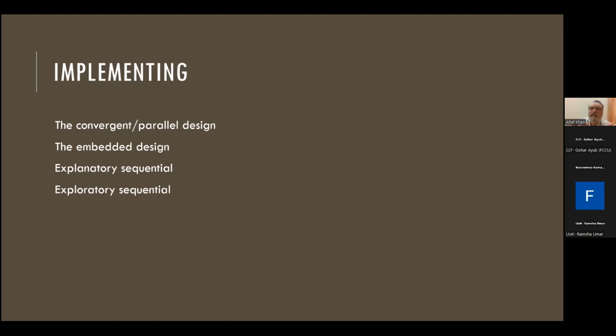The embedded design is that within the quantitative design, you have qualitative questions, and within the qualitative design, you have quantitative data. Let me give you an example. When you give opinion statements, like a Likert scale with 5, 6, 7 statements, asking somebody, how is the cleanliness in the hospital?